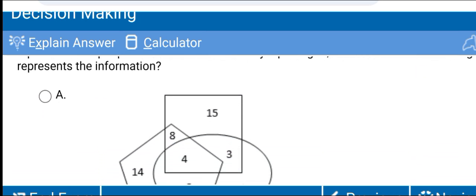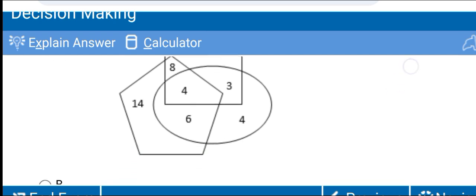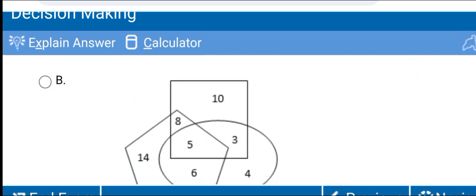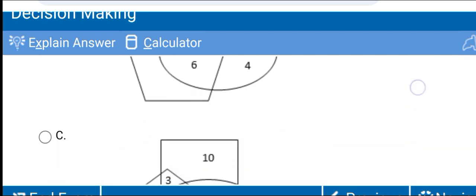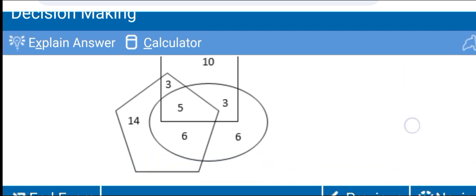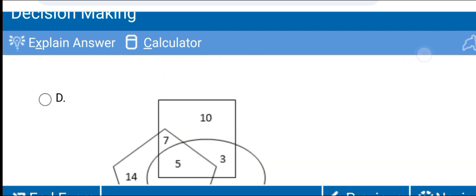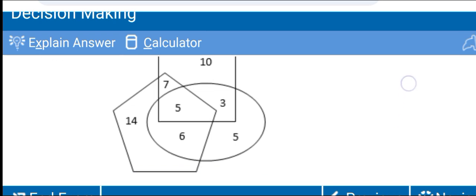Option A has this diagram, option B this diagram, option C this diagram, and option D this diagram.